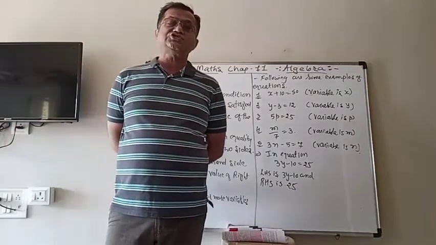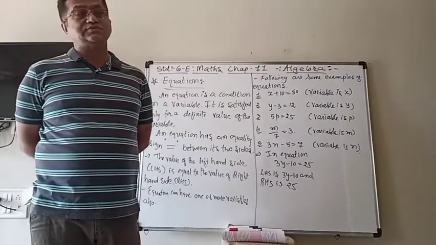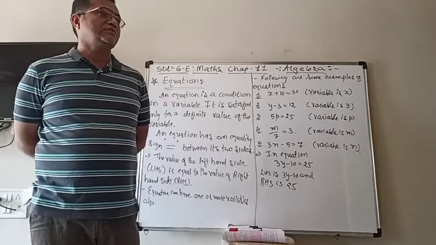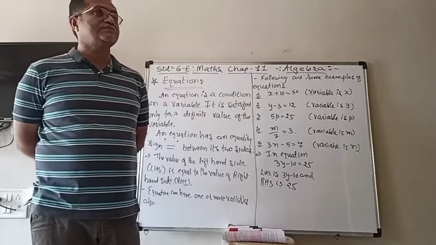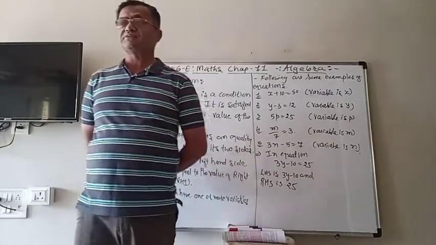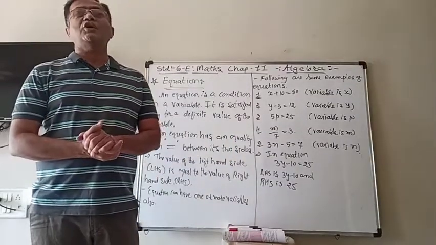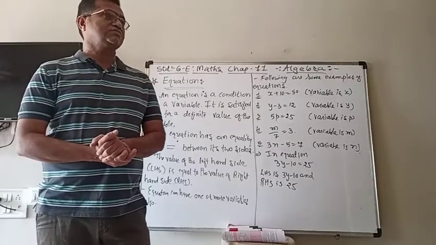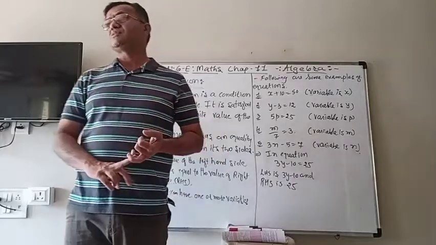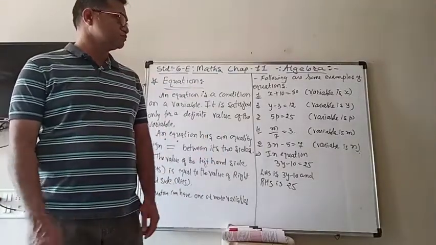Then we also saw expressions. Expressions are formed by using variables and constant numbers, using any of the four operations: addition, subtraction, multiplication or division.